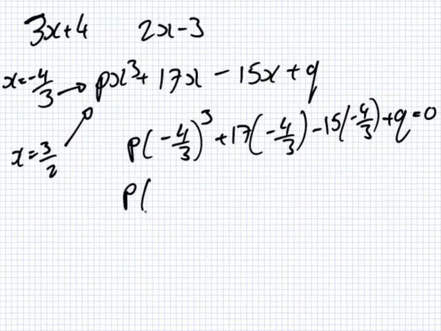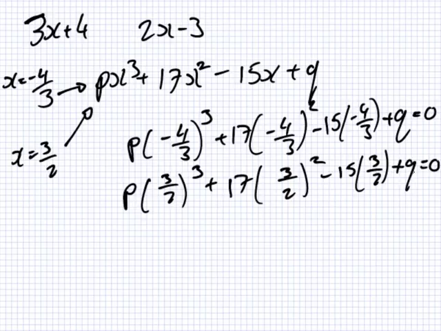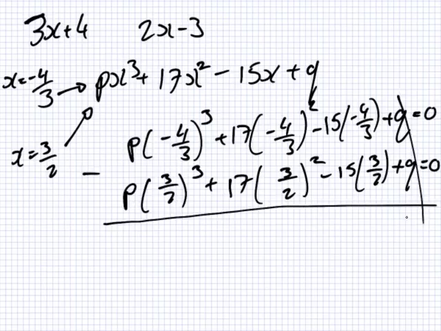And p times 3 over 2 cubed plus 17, oh wait, is that a square? Plus 17 times 3 over 2 squared minus 15 times 3 over 2 plus q equals 0, is that right? I could simplify this, but I can see straight away if I subtract them, I cancel the q's.